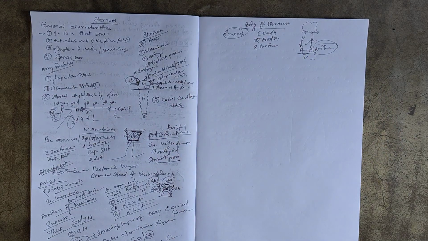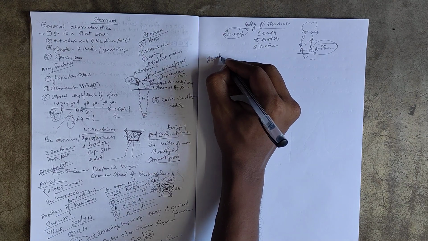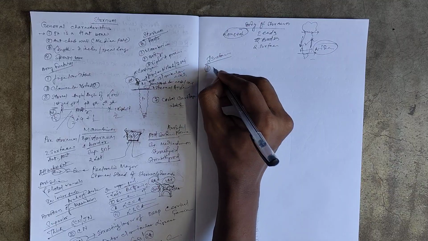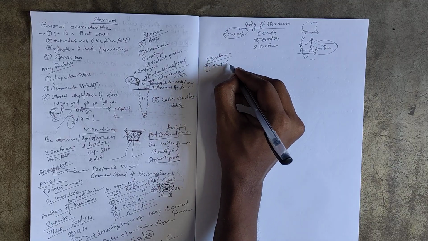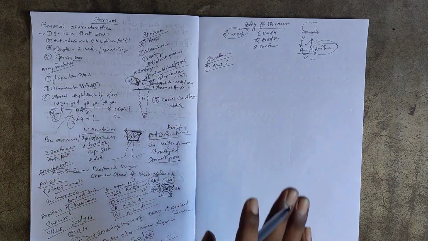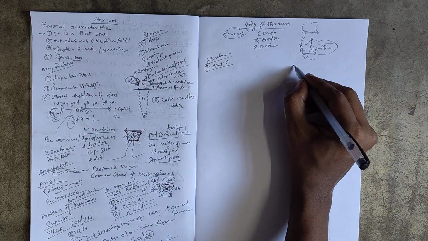So first of all, the anterior surface. We will discuss the surfaces first. Anterior surface shows three ill-defined horizontal ridges. So what are those?